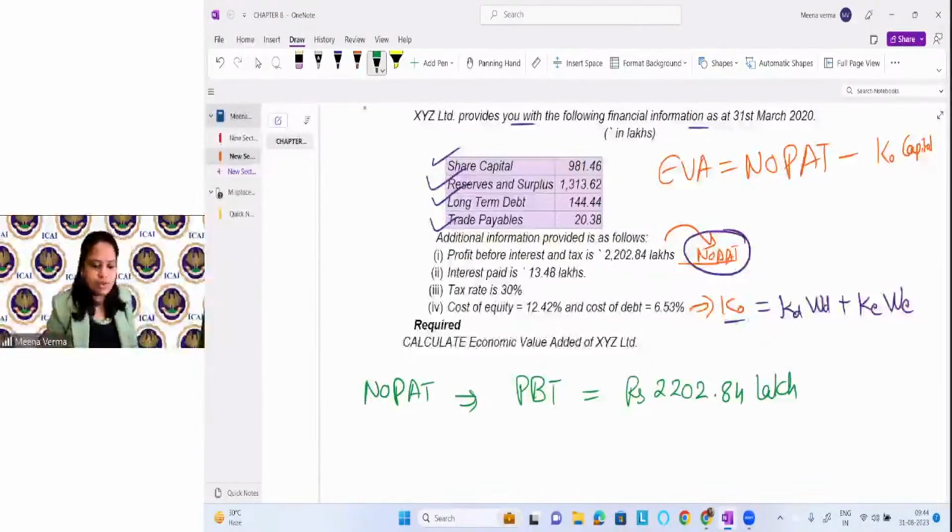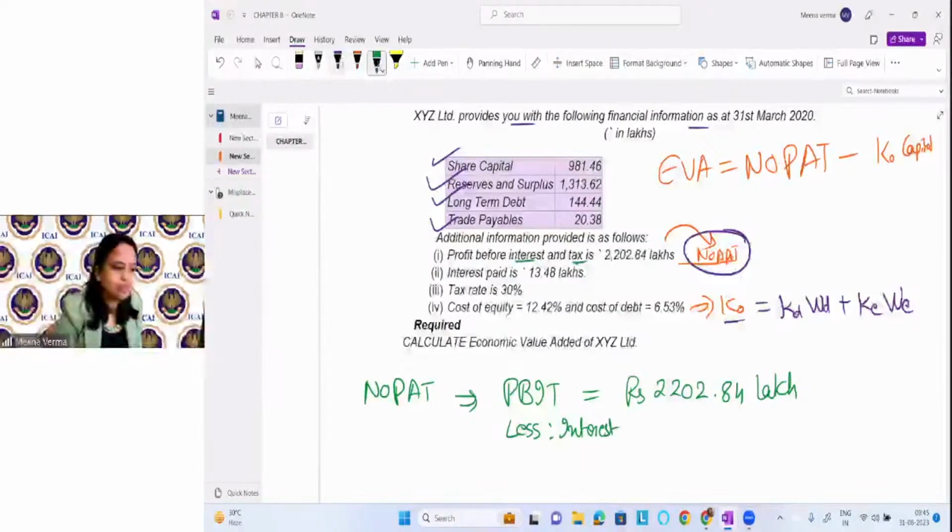This is the profit before tax. Then what will happen? See, this is profit before interest and tax, not profit before tax. This is profit before interest and tax. Okay. So what we have to do first, reduce interest.